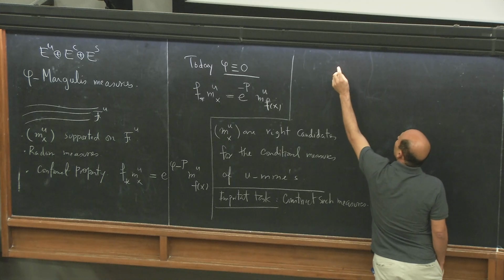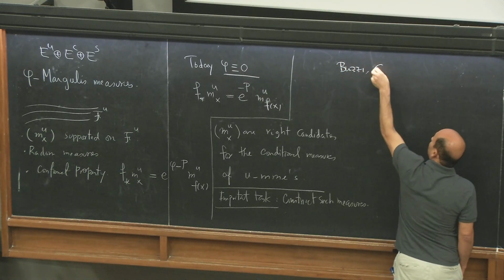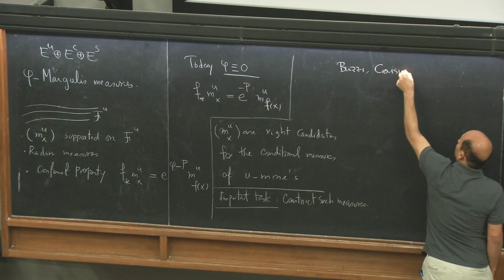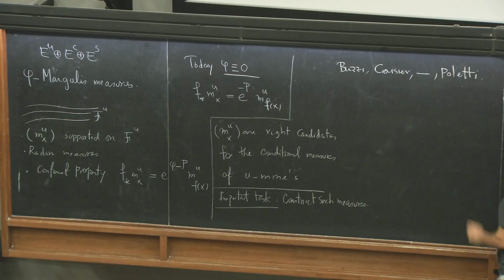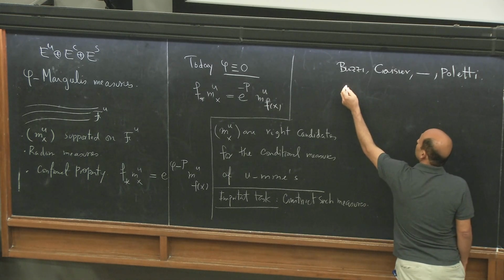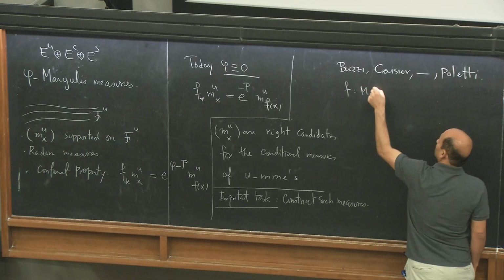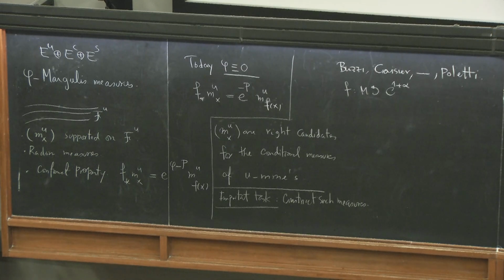This is a result joint with Jerome BUZZI, Sylvain Crovisier, and Maurizio Poletti, just for the Margulis families. Consider f from M to M, C1 plus alpha. I always need some Hölder regularity.